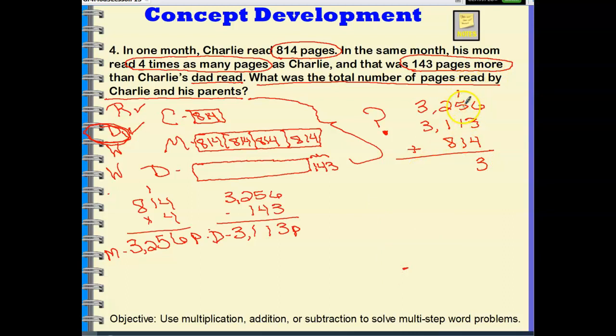Then I have 10 plus 5 tens is 6 tens, plus another 10 is 7 tens, plus another 10 is 8 tens. Then I have 200 plus 100 is 300, plus 800 is going to be 1,100. So I'm going to leave my 1 in the hundreds place, and I'm going to convert that 10 hundreds into 1,000. So now I have 1,000 plus 3,000 is 4,000, plus another 3,000 is 7,000.